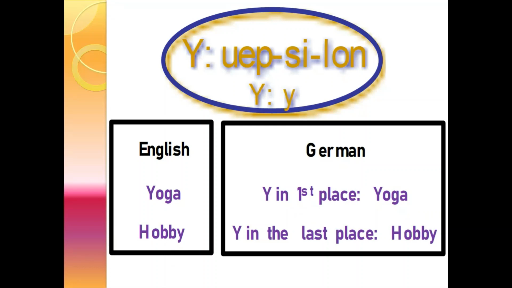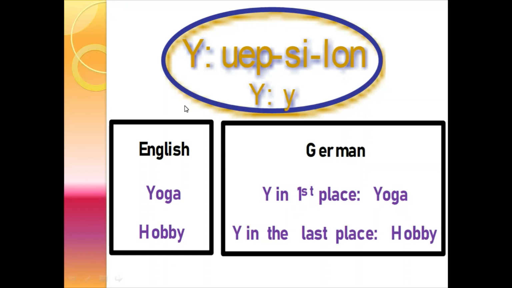So if you look, the Ypsilon alphabet has, as I mentioned before, 2 sounds: an English Y sound and the typical German Ypsilon sound.